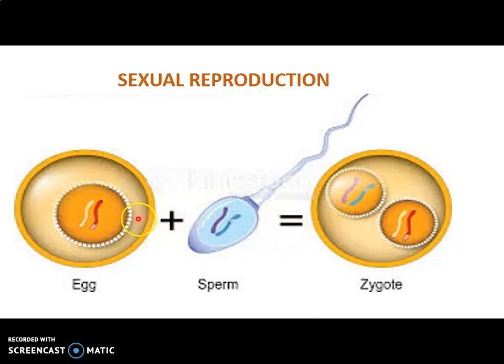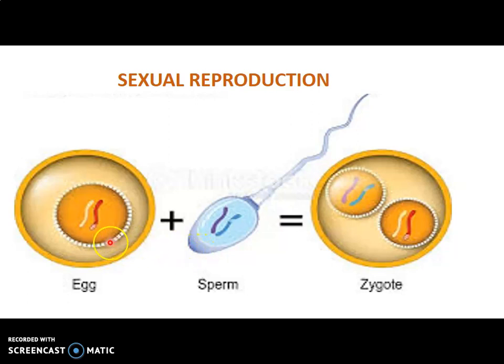Now, it involves the coming together of two gametes to form a zygote. The formation of gametes is called gametogenesis. There are two types of gamete formation, which are oogenesis and spermatogenesis.